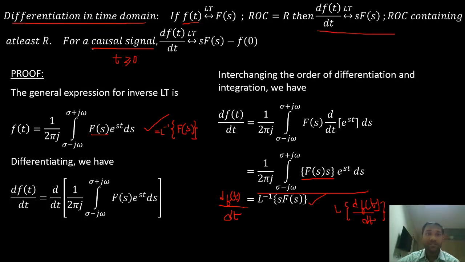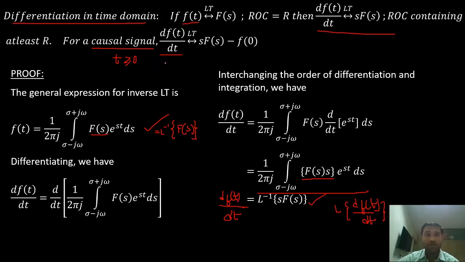What is the Laplace transform of d by dt of f of t? So far what we have proved is for d by dt of f of t when f of t is a non-causal signal.